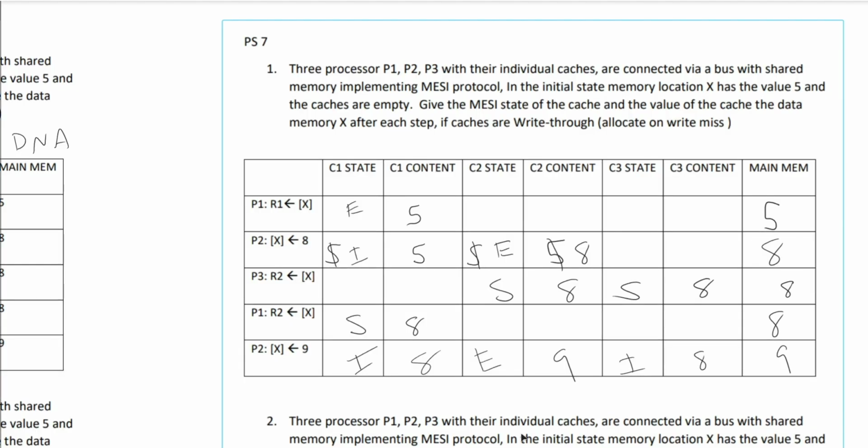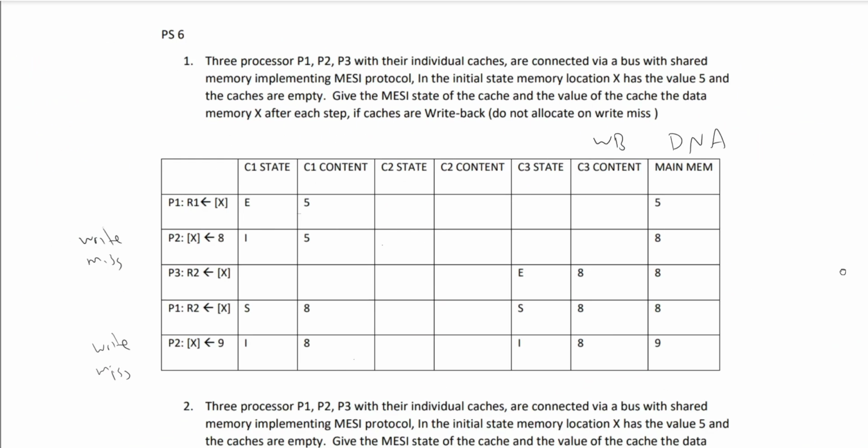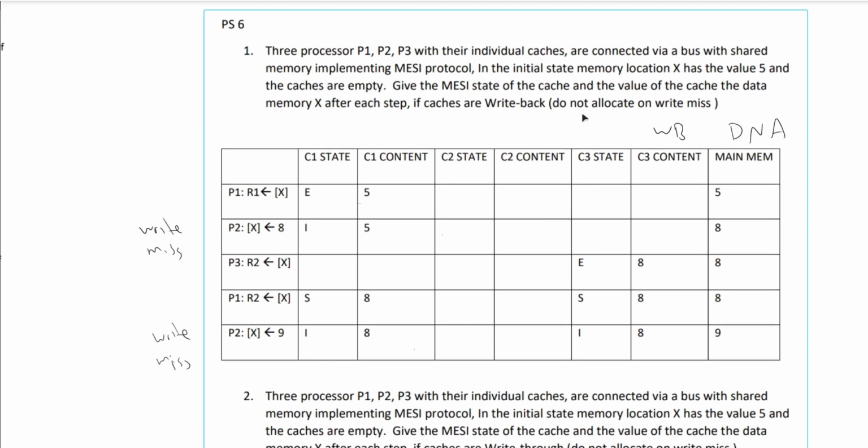Can you explain for the second line why did it become shared first? So we have an allocate on write miss. You see on the last thing. When you have an allocate on write miss, you have to read the data and bring it to the cache first. For problem set 6 that we just did before, it was do not allocate.